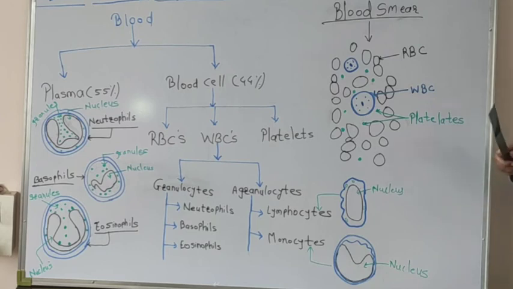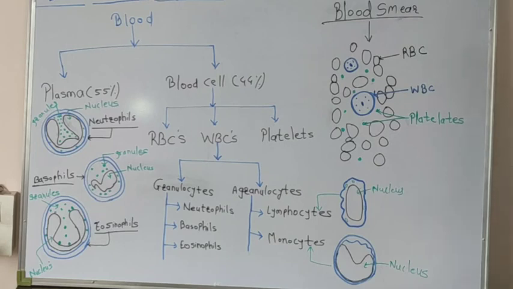As I told you, RBC, WBC and also platelets have a particular average number, and on the basis of that, the range is decided. So platelets have an average number of about 2.5 to 4.5 lakh per mm cube of blood.